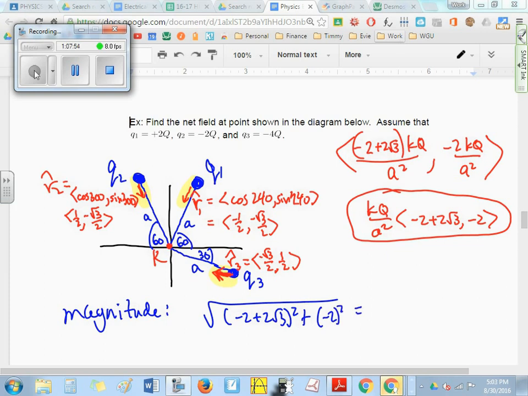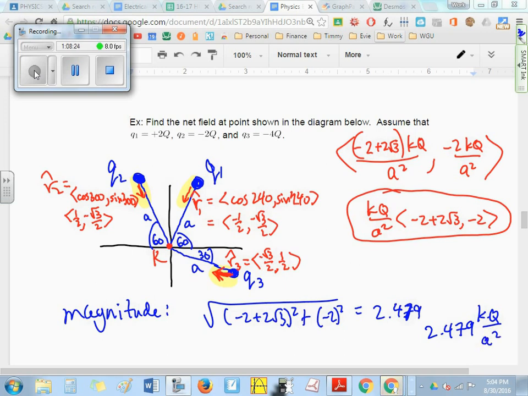I went ahead and typed this one because it got a little awkward with the square root inside of square roots. You have basically 2.479 is a good coefficient there. And of course, that's not the actual magnitude. The magnitude has the kq over a squared, right?